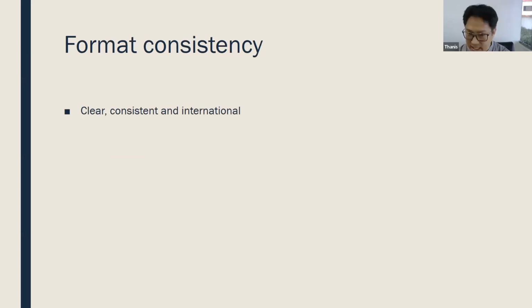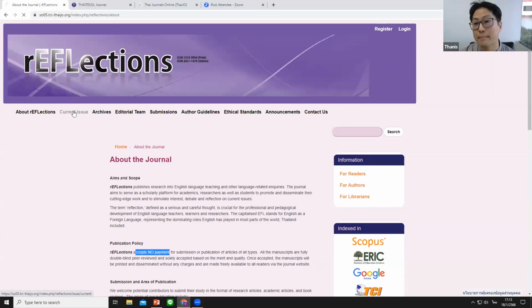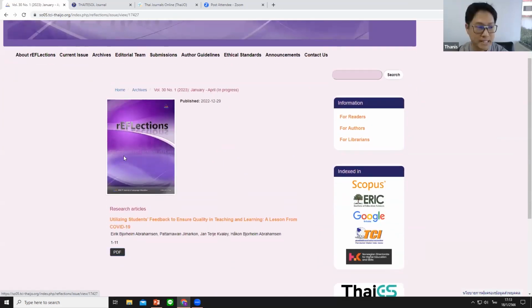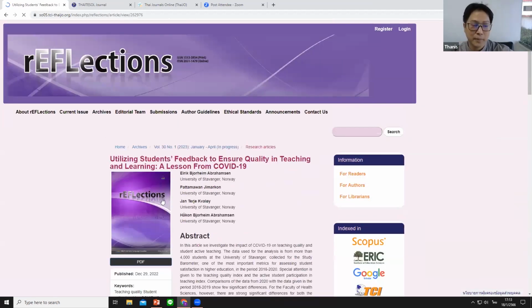Okay, format consistency. I talk about this many times. When I said international format, again, I'm giving you an example. It's not that mine is the best. You see punctuality, how we talk about January, right? So the first thing I do is put 1 article up there first, to make sure that we are on time.